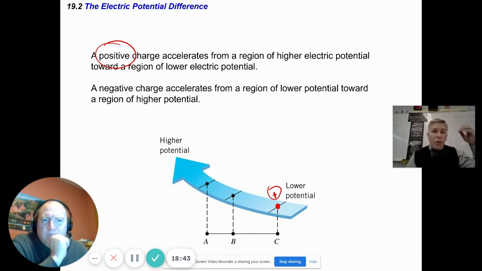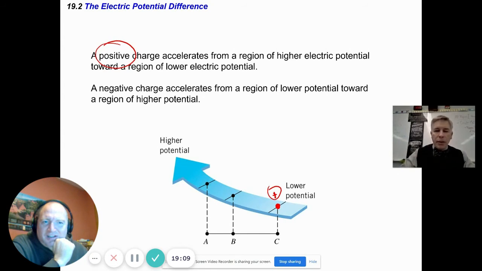Water, fluids flow from high pressure to low pressure. Heat flows from high temperature to low temperature. Positive charge should flow from high potential to low potential. But in this particular case, we talk about kind of the difference. And so this one's kind of a weird one that we want to actually have our charges moving in a particular direction.